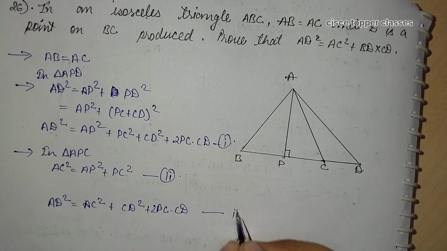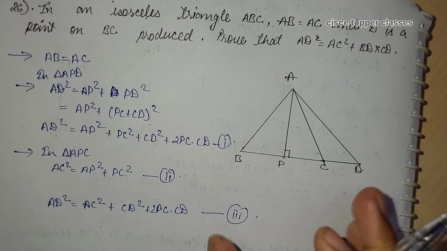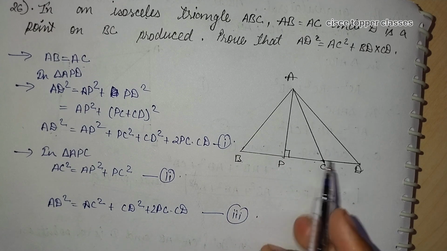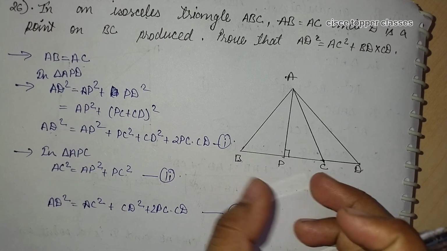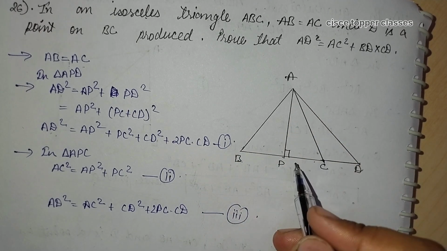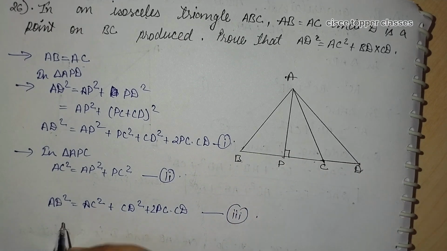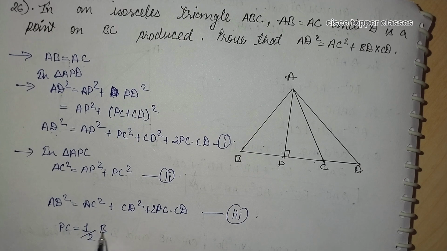Now we will call this the third equation. Here PC is half of BC because P is the foot of the perpendicular, and the altitude to the base of an isosceles triangle bisects the base. So we can simply say BP is equal to PC, that is PC is equal to half of BC.